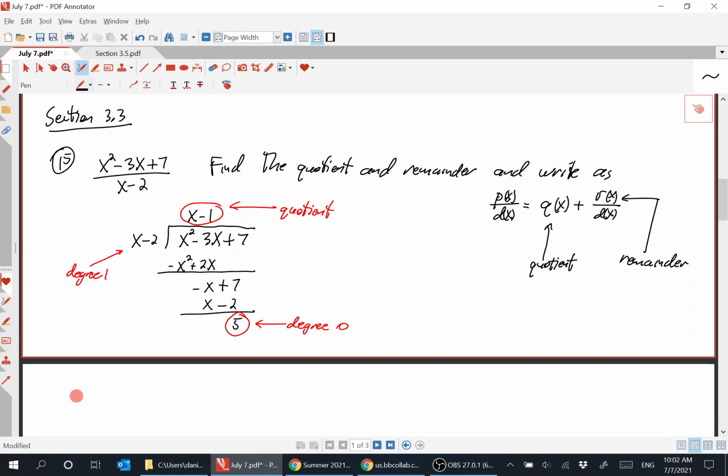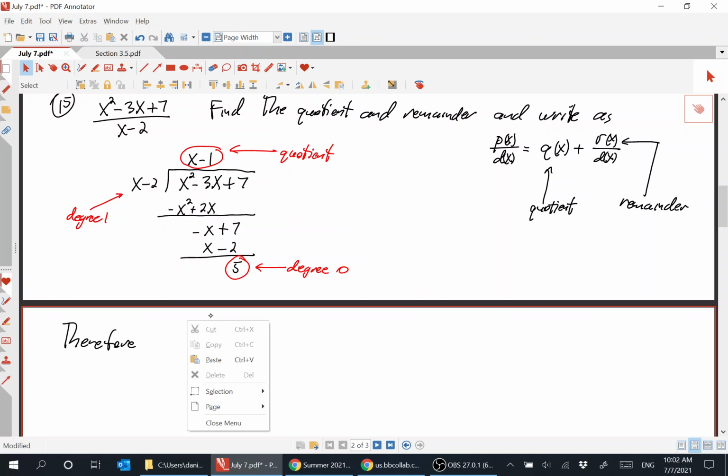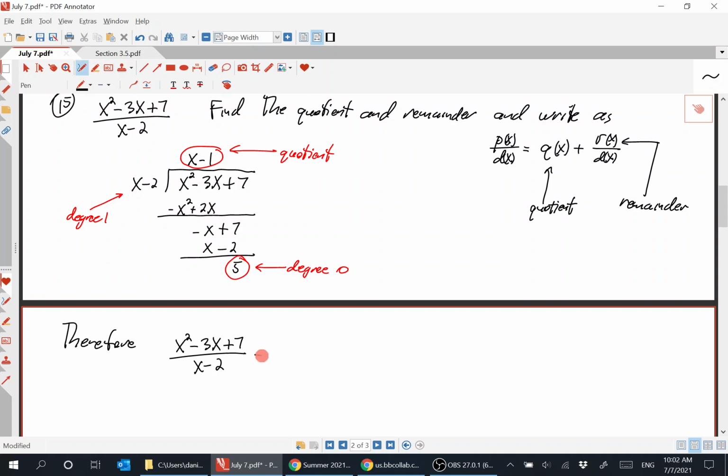Therefore, this original fraction is equal to the quotient x minus 1 plus the remainder 5 over the divisor x minus 2.